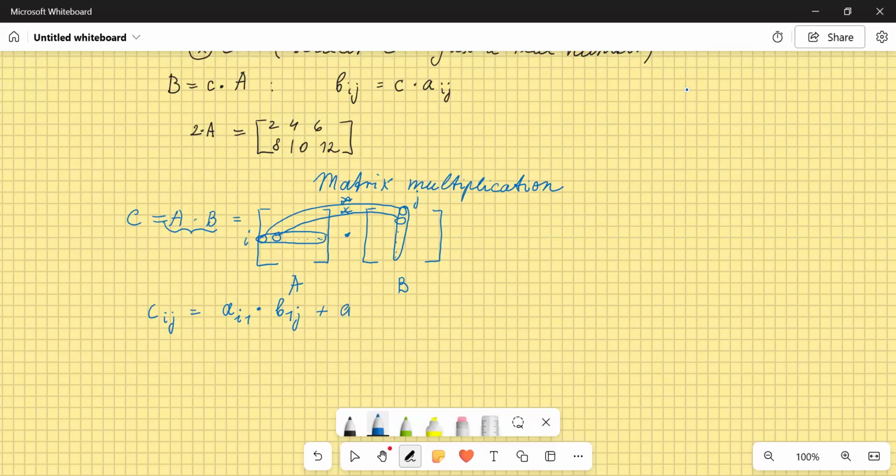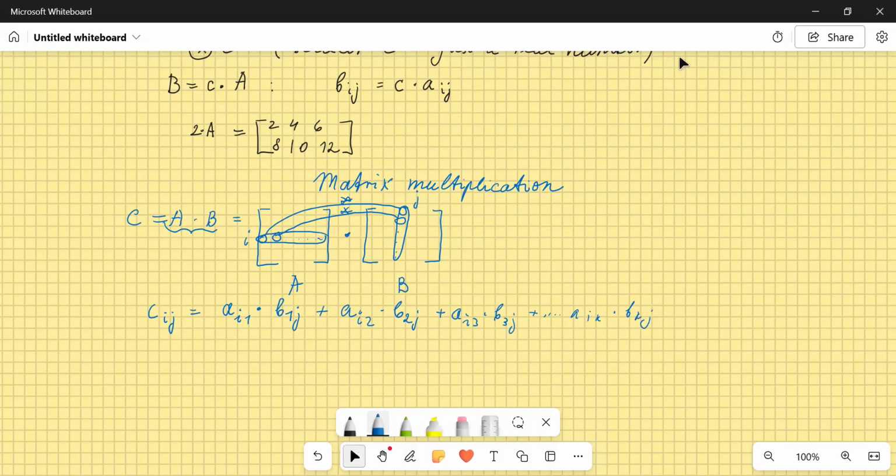So the next one is going to be A_i2 by B_2j, and A_i3 by B_3j, until we finish with both matrices. I don't know how many elements we have, but let's imagine that our last one is K. So A_iK by B_Kj. Okay, that's how we build the element.